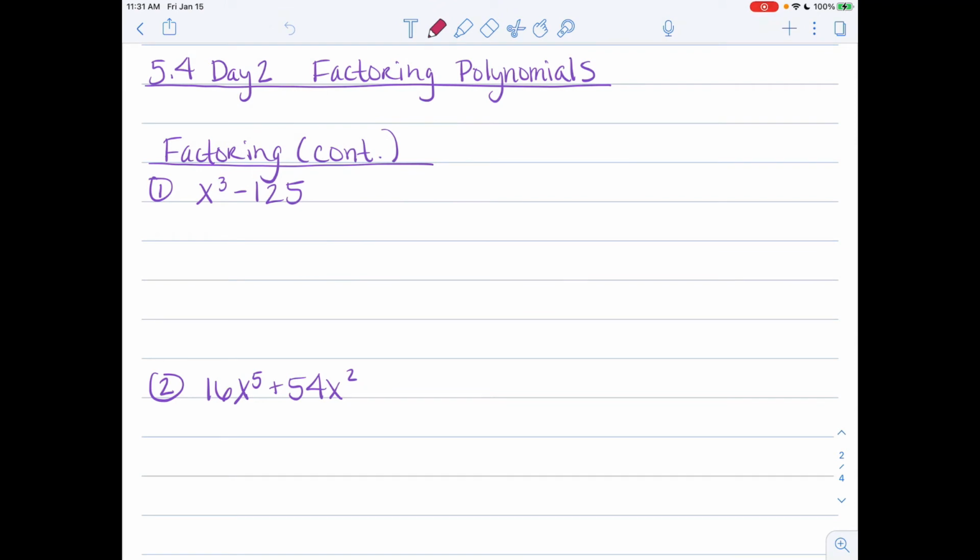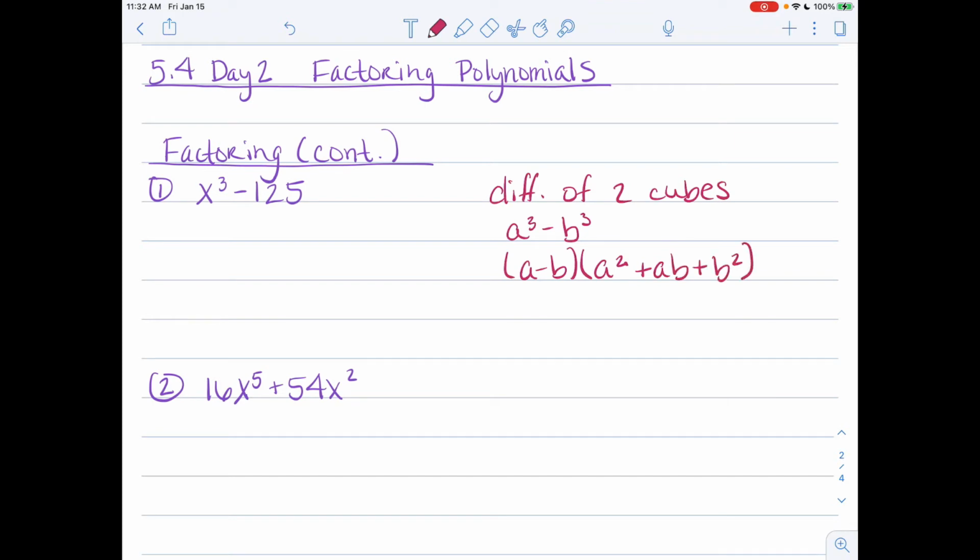So I'm going to say difference of 2 cubes. And if we have something in the format of a cubed minus b cubed, we can say that that's equal to a minus b, and then a squared plus ab plus b squared. That's the equation that was up above.